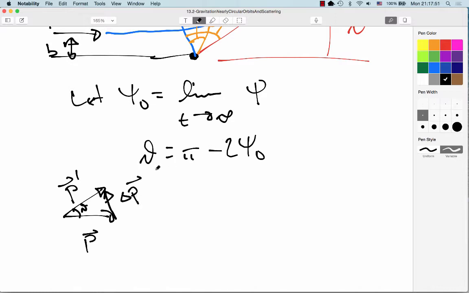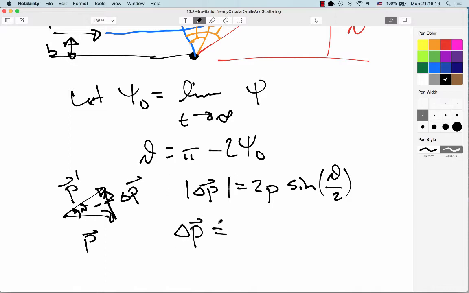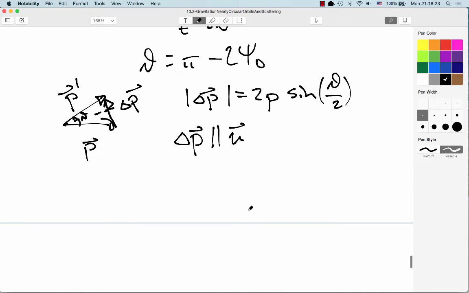I'll go ahead and throw up a bisector there and observe that the magnitude of my delta p would be 2 times either of these p's, we're assuming equality of magnitude, times the sine of the half angle. Now delta p is parallel to that u vector we constructed.